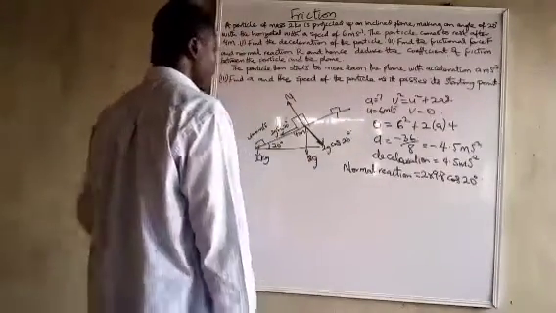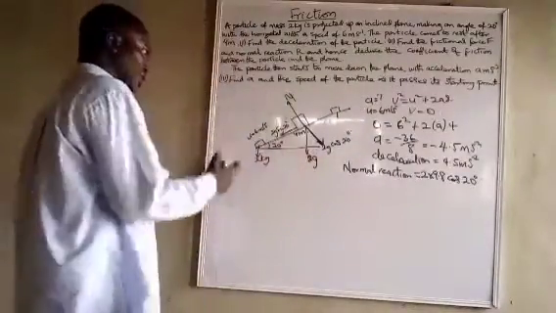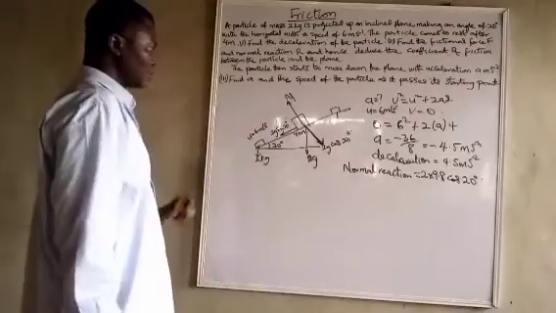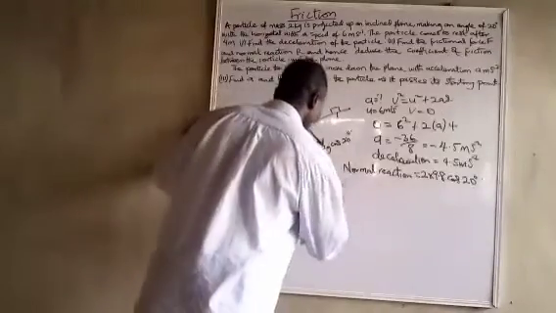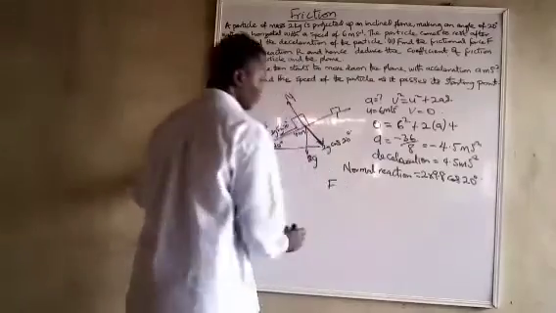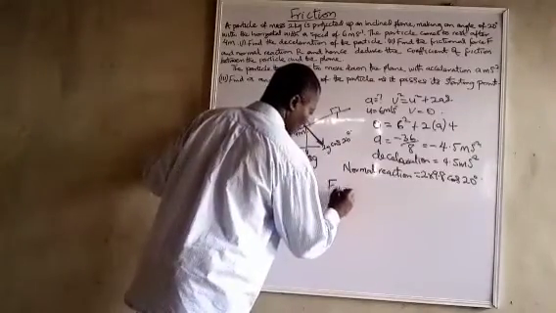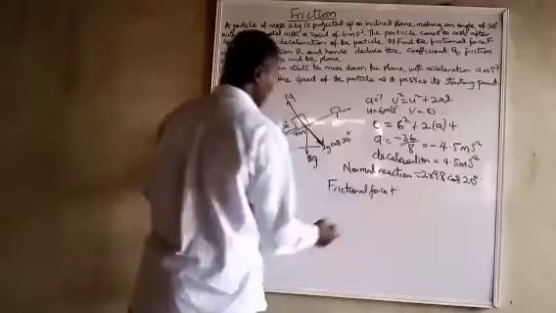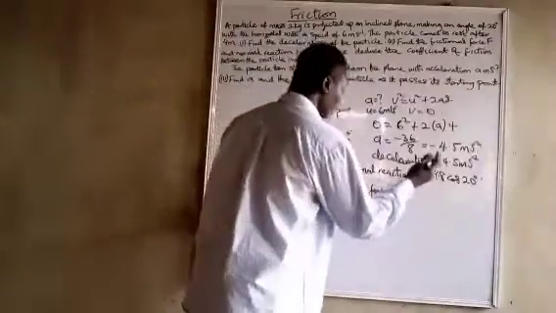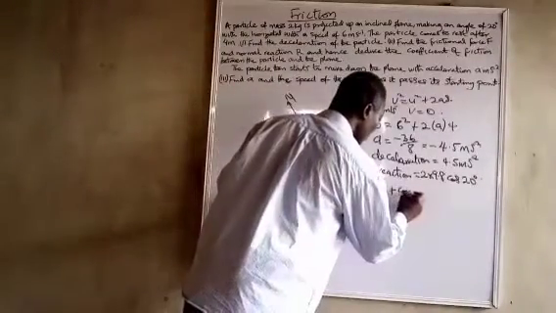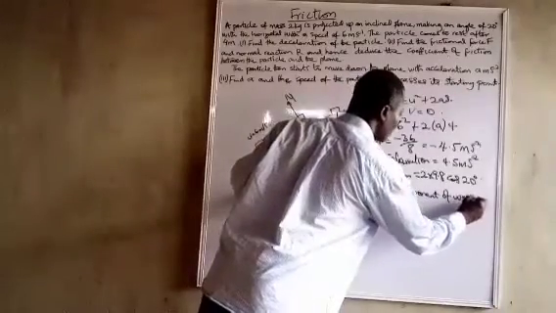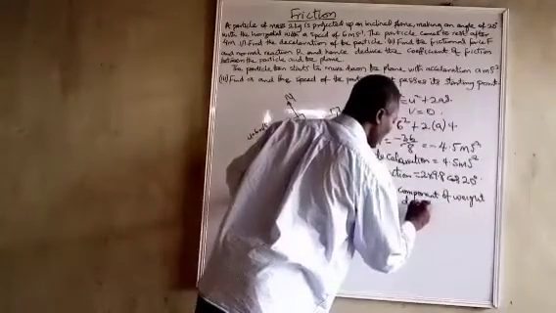So the total force affecting the motion of the body or the particle is frictional force plus component of weight down the plane.